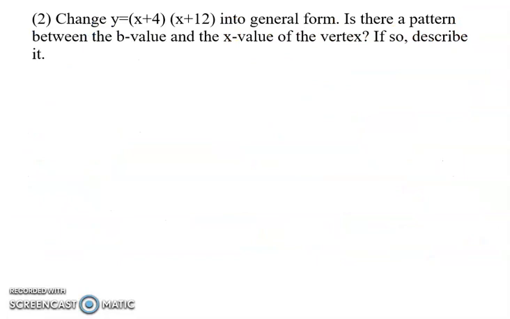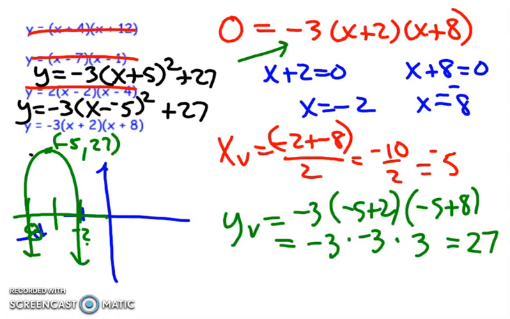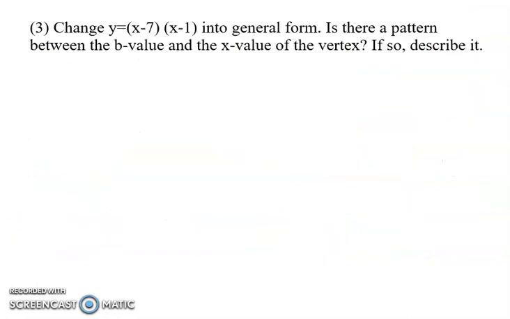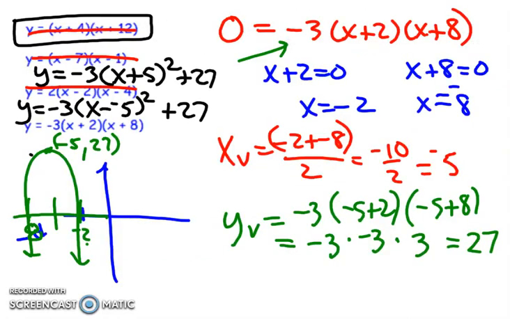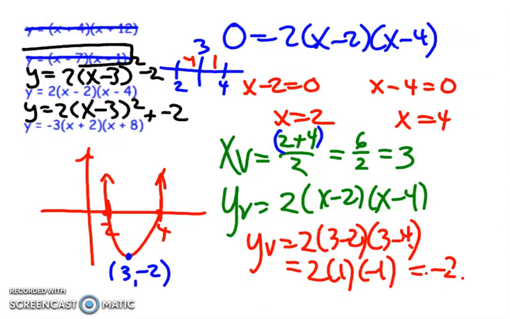All right, so problem number 2 and number 3, they're asking you to change these problems into general form, and then look for a pattern between the b value from the general form and the x value of the vertex. So this is problem number 1, the first problem we did. And then problem 3, we're doing x minus 7, x minus 1, and that would be that second problem that we did.